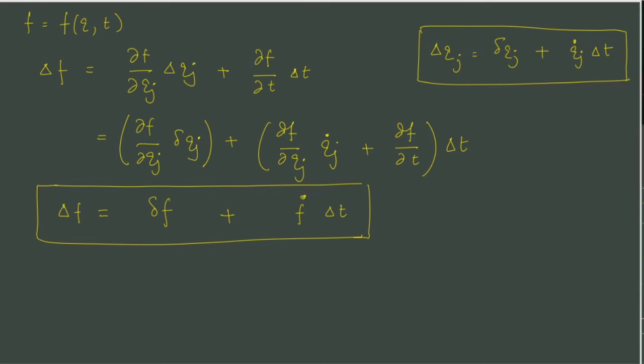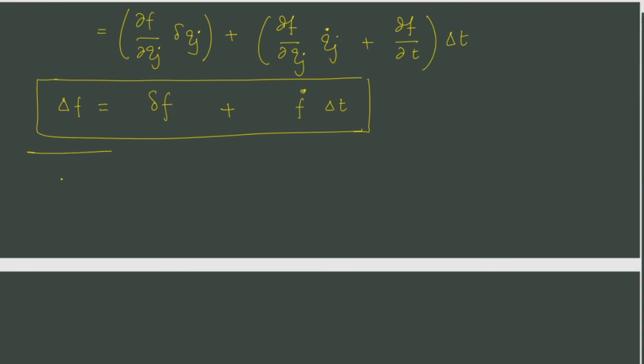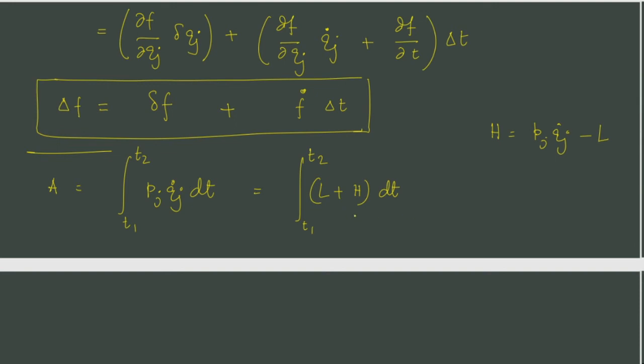The next part is to actually carry out the mathematics for our defined abbreviated action A. So A, we defined to be this. Now, you may recall that we have the Hamiltonian, these are our definitions. So the sum of Pj Qj dot in terms of L and H is simply the sum of the two.